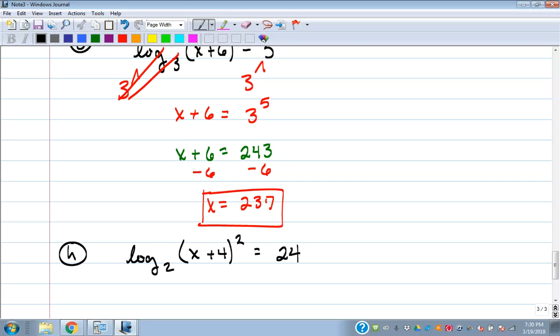Log base 2 of (x plus 4) squared is equal to 24. What's one of the log properties that I could use here to make this problem a little bit better?